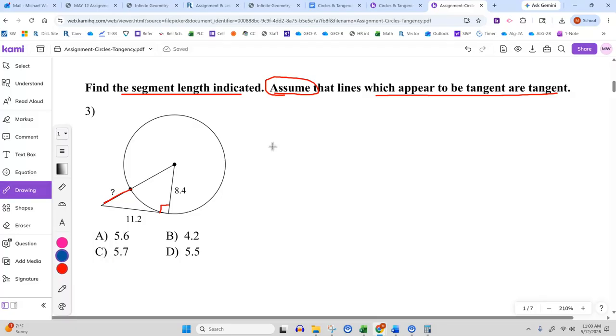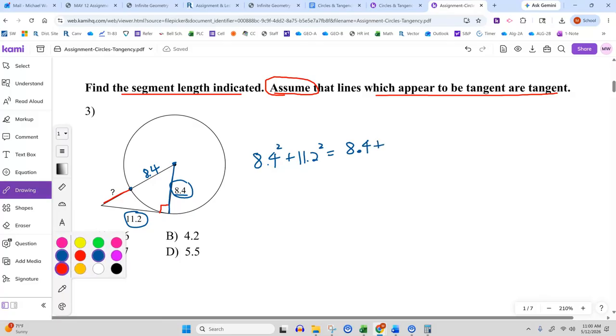Remember that any line from the center to the edge is the radius. Well, we know this is the radius from here to here, so that means 8.4 is right here, okay? And what's the hypotenuse? Well, this would be the hypotenuse. So what we're going to do is take this side here, 8.4 squared, plus this side, 11.2 squared, and that's going to equal, well, we know 8.4 is part of it, plus our x over here, and this whole thing is going to be squared.